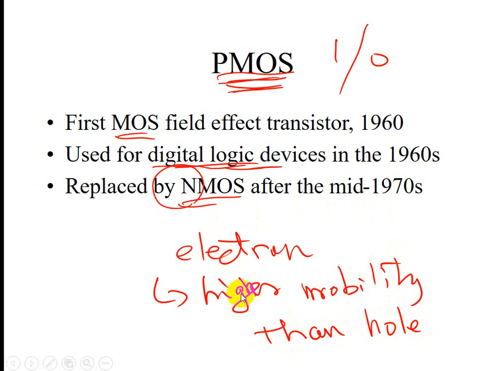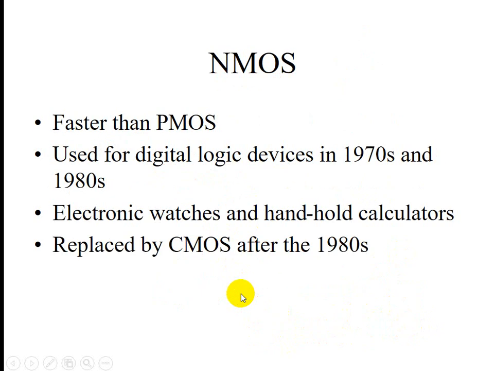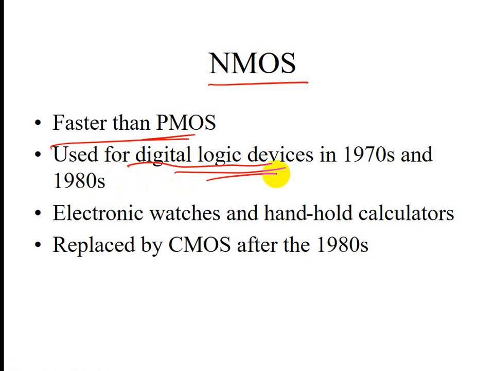So it can run at a faster speed, with a response time quicker than PMOS. So the NMOS is faster than PMOS because the mobility of electrons is faster than holes. And it can also be used as a digital logic device.